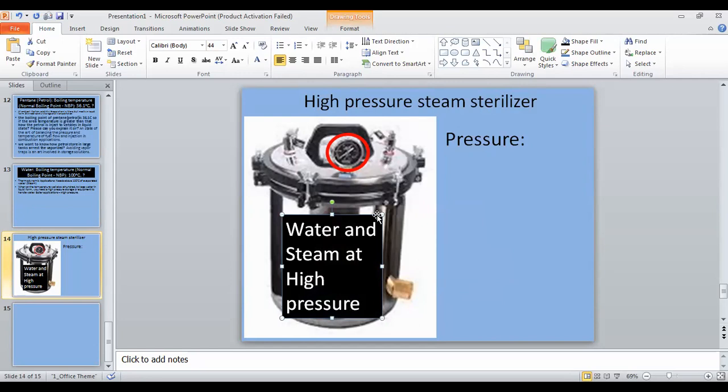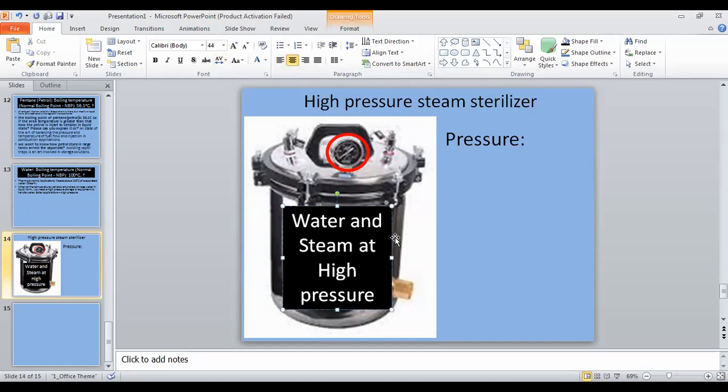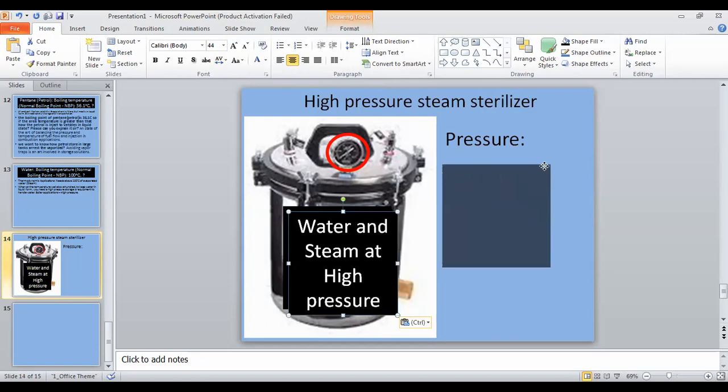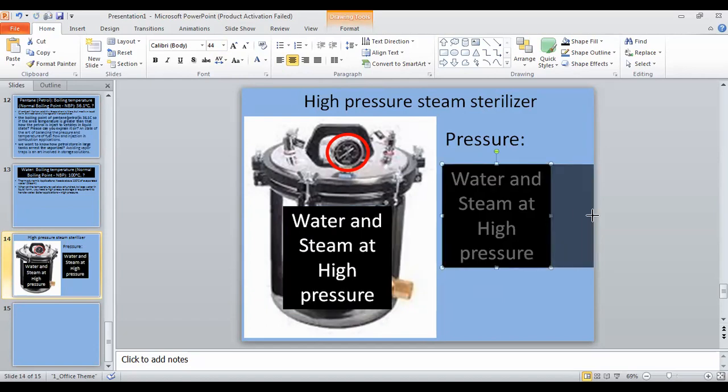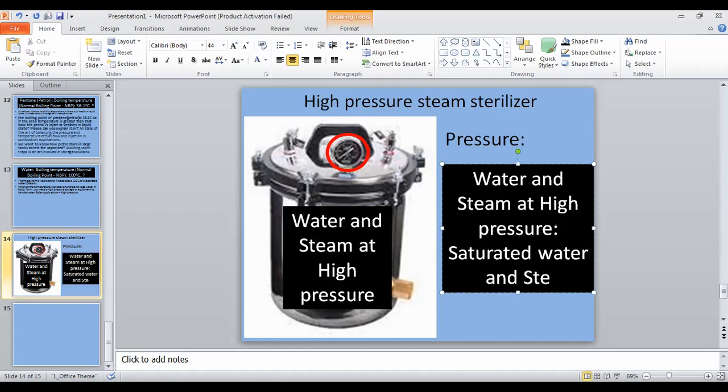So you can see water and steam at high pressure. So water and steam at high pressure means water and steam together. So we would say that water and steam at high pressure means saturated water and steam at high pressure.